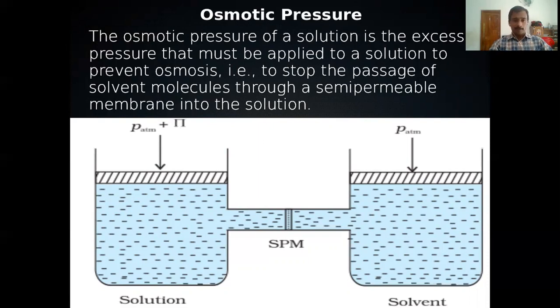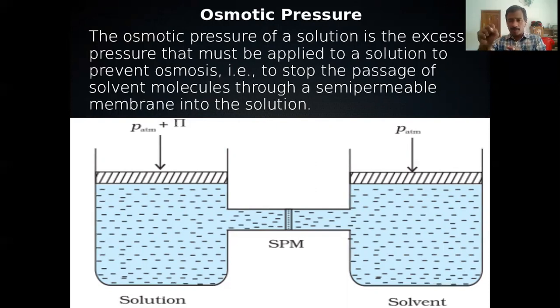So what is osmotic pressure? Osmotic pressure of a solution is the excess pressure that must be applied to a solution to prevent osmosis, that is, to stop the passage of solvent molecules through a semi-permeable membrane into the solution. If solvent and solution are separated by a semi-permeable membrane, always the solvent will move into the solution.